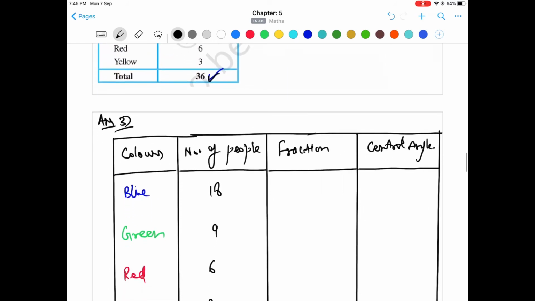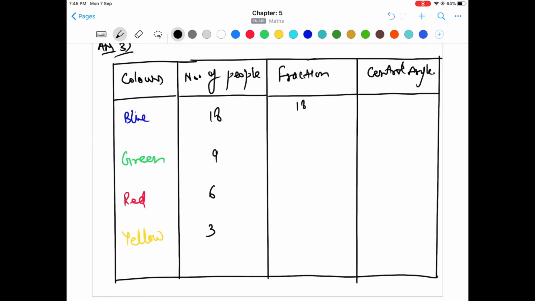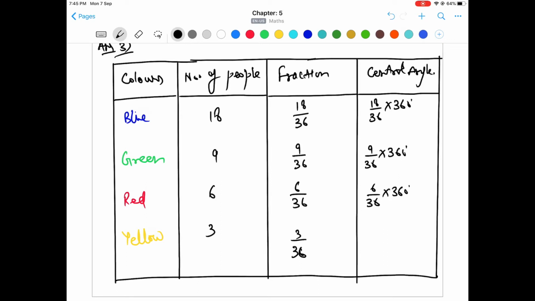Like I said, the total number here is 36. So the fractions will be 18 by 36, 9 by 36, 6 by 36 and 3 by 36. Next step is to multiply this fraction by the total central angle, which is always 360 degrees. So 18 by 36 into 360 degrees, 9 by 36 into 360 degrees, 6 by 36 into 360 degrees, and the last one is 3 by 36 into 360 degrees.